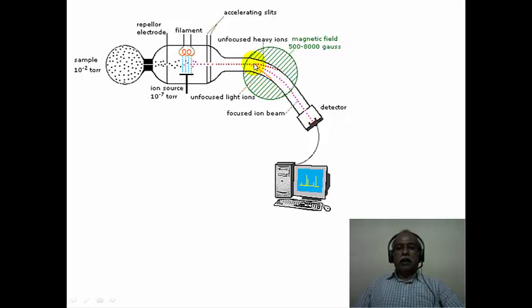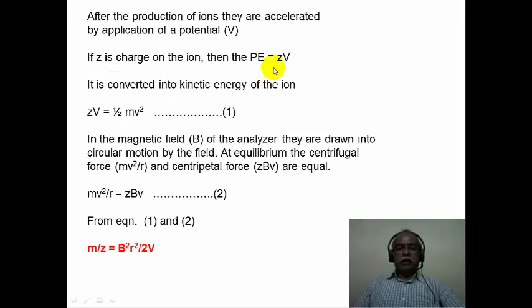So only ions which have an M/Z ratio which matches with the curvature of the analyzer tube reach the detector, get detected, and are fed into the computer to record a mass spectrum. Now we will look into the mechanism of the separation of the ions based on their M/Z value in the next slide.